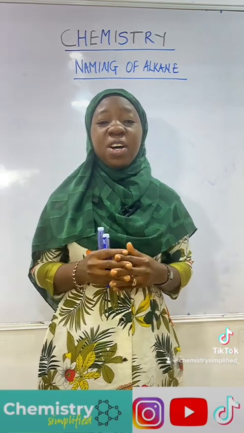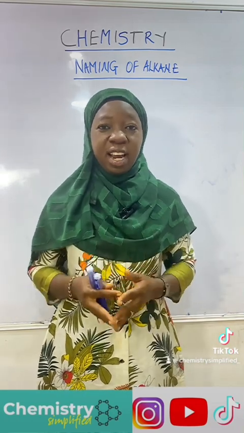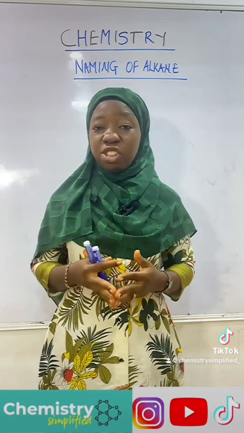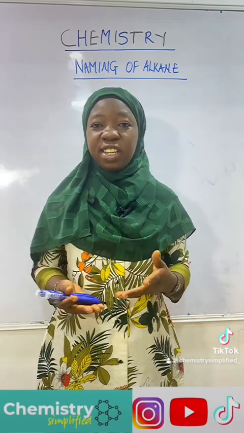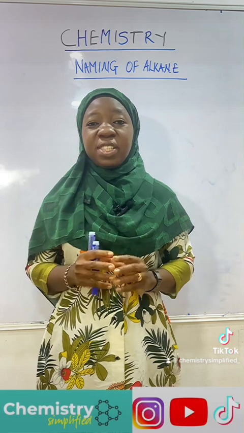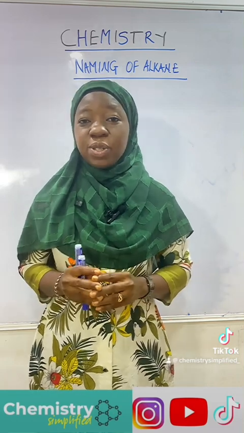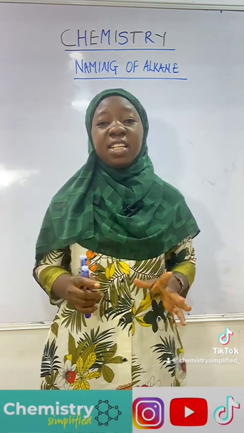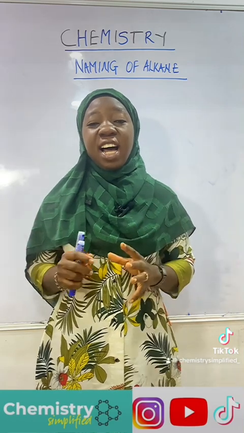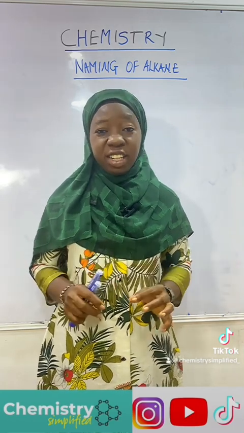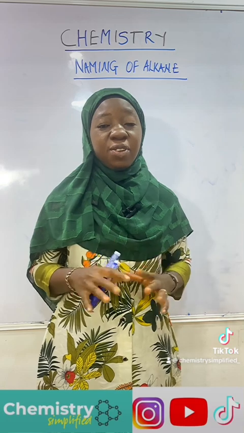Then the second one is you consider the substituent that is attached to the main chain, which is also the longest chain. And I still believe that you still remember what a substituent is. A substituent is a group that is attached to the main chain or the longest chain. Now let's continue from there.